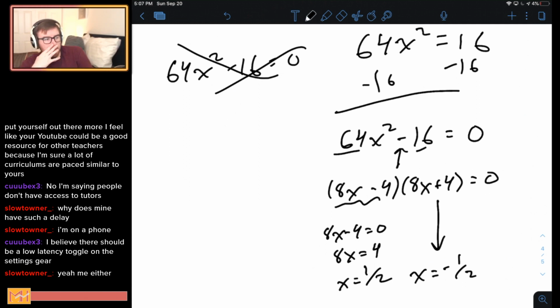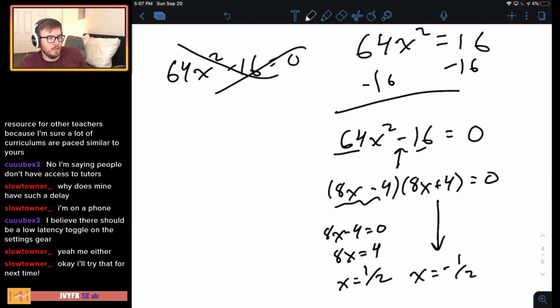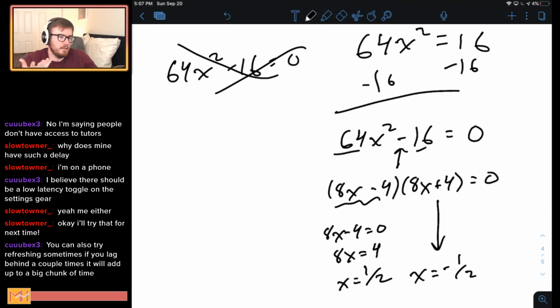I'm logged into my personal account on my phone. You can also try refreshing. Sometimes if you lag behind a couple of times, it will add up. That's true. Even if it buffered once, twice, three times, that's 3 seconds there, 3 seconds there, 3 seconds there. All of a sudden, you're not in sync.